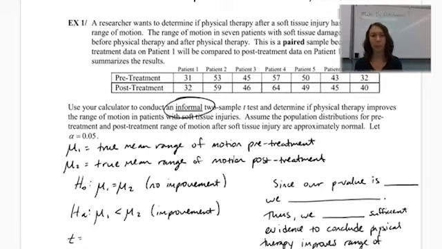This is just going to be an informal test. We've got our two mu values: mu sub 1 is the true population mean range of motion pre-treatment, and mu sub 2 is the true mean range of motion post-treatment.